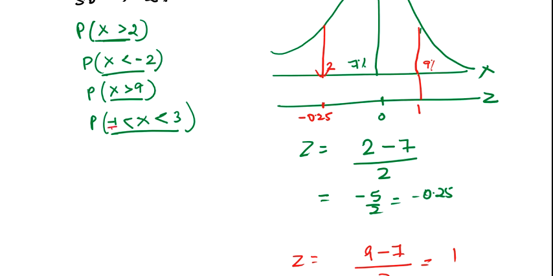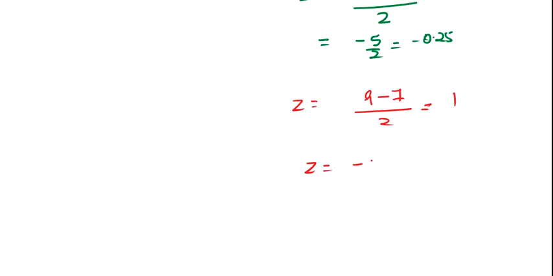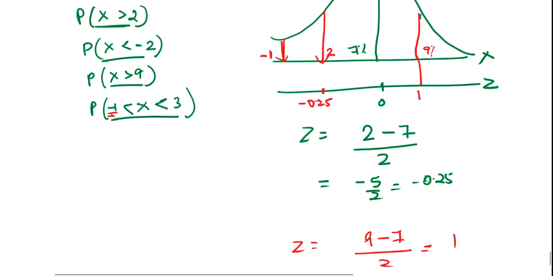Now when x is minus 1, what is the value of z? Z is equal to minus 1 minus 7 by 2. It is going to be minus 4.